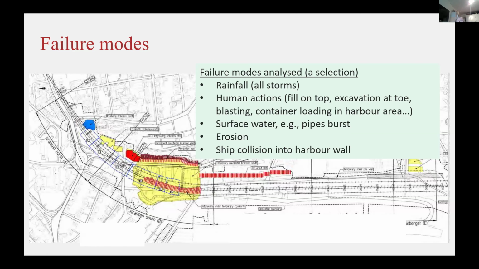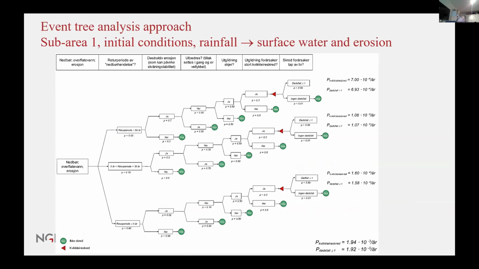But as the analysis showed, this was a very low probability event compared to the other events, like a natural slope failing. And we use the event tree technique, and I'm not going to explain it to you, but what it does, it looks at the probability of, for example, having a pipe burst and spreading water. And then we add some rain to it, and this is this part.